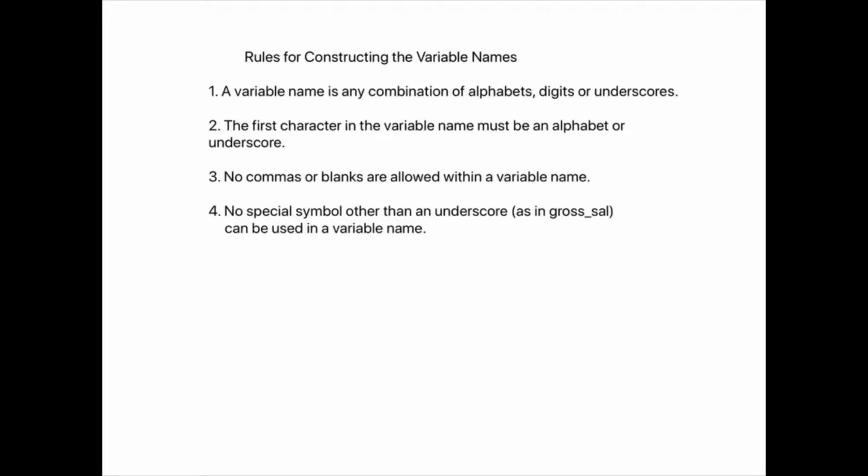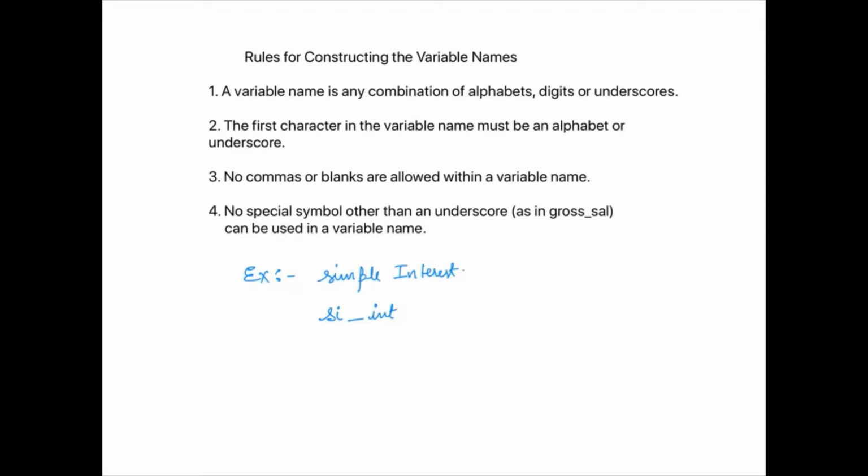For example, let's say we have calculated the simple interest, and you want to store the value of the simple interest in a memory location. So we can name the variable as SI_INT, meaning simple interest.